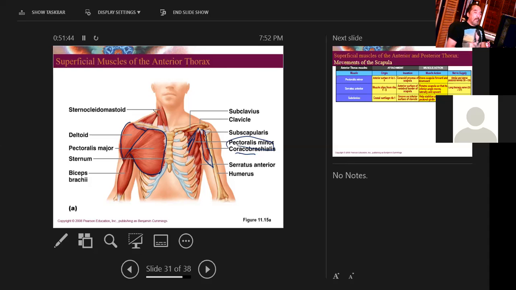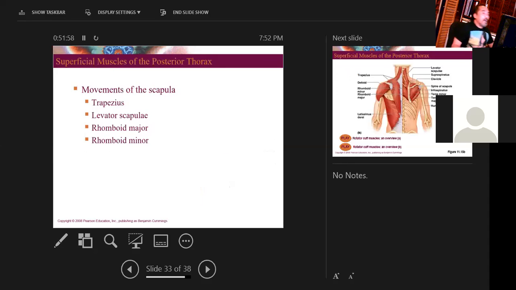All right. So I'm seeing the inside of the pectoralis major muscle, and there's some serratus anterior here. Okay. Moving on to the scapula.